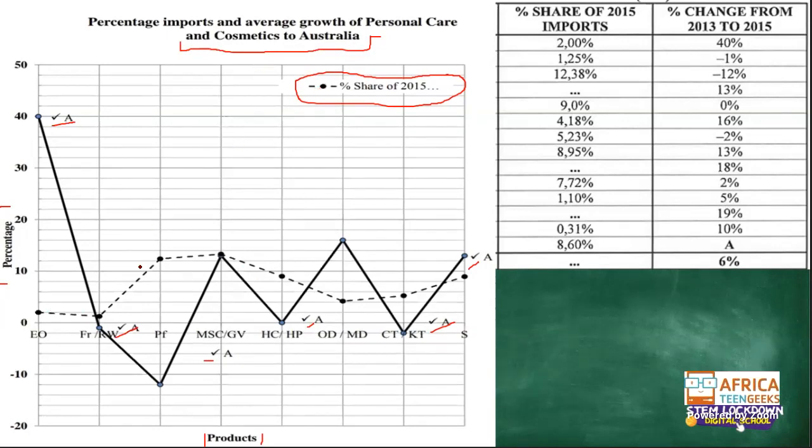So if they can see that this one represents the percentage share of 2015, then they'd know that the other one represents the percentage change, but preferably label everything so that they can clearly see. And then you list your products properly there. Whatever is on the x-axis, write it properly. Whatever is on the y-axis, write it properly. And make sure that the spacing is equal.